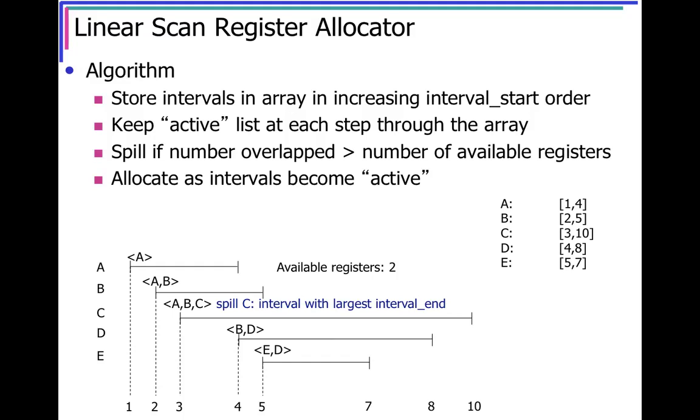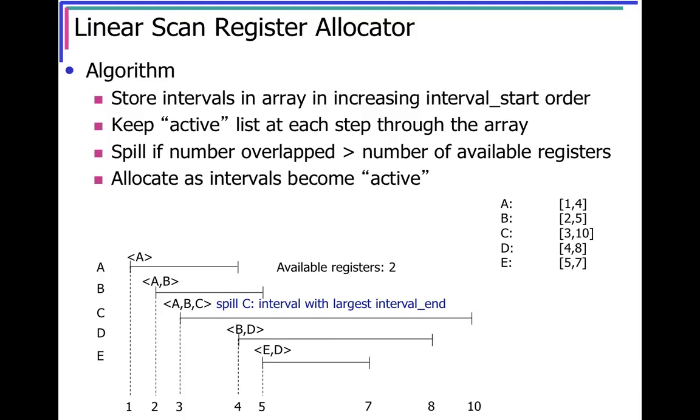So now we just have B in our active list, and also at instruction 4, D becomes live. So we add D to our active list and make sure that they're in the right order according to largest interval end. We have to ensure that the largest interval end is at the end of our active list.